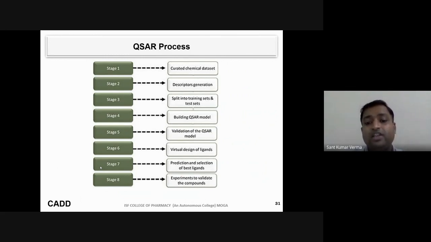Predict the activity of these molecules using the developed QSAR model. Before going to synthesis, you can predict the IC50 or activity of these molecules based on the previously developed QSAR model.